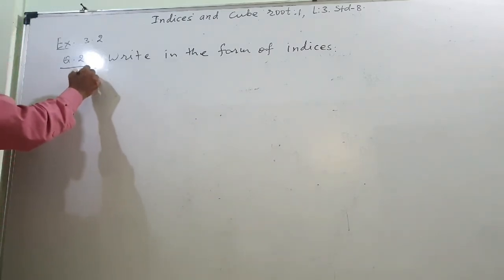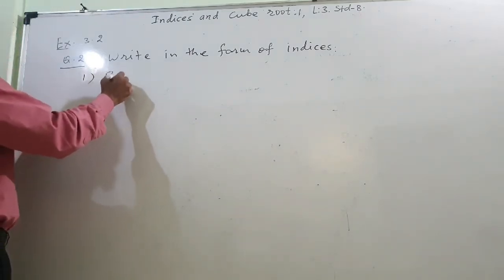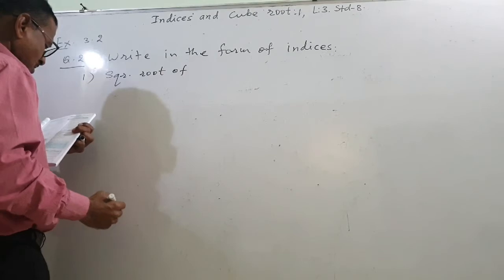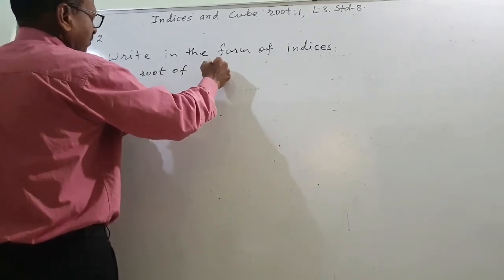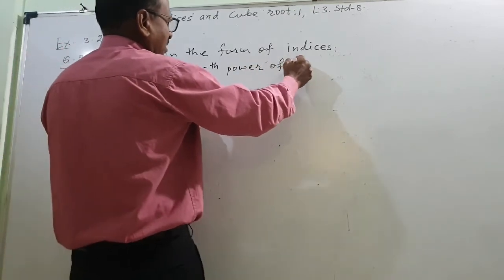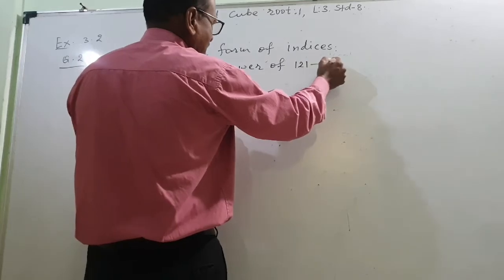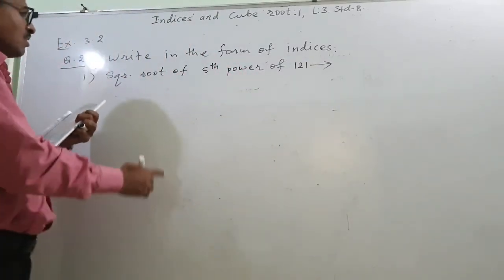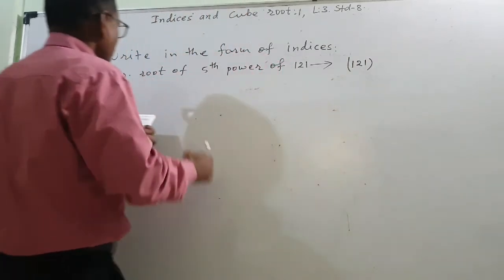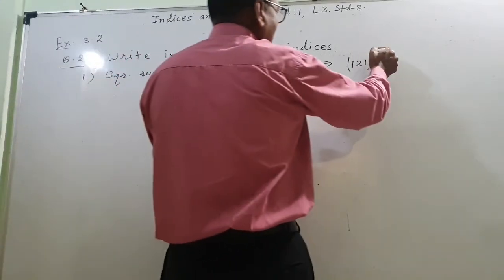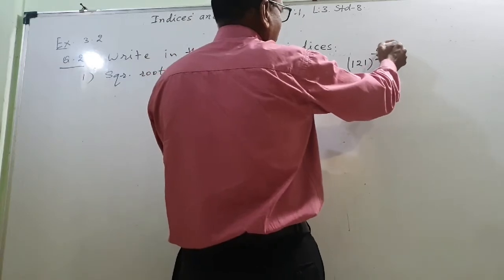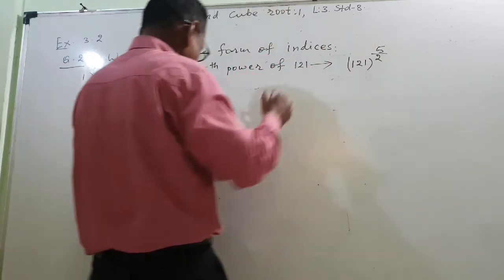In that, the question number 1, square root of fifth power of 121. Here itself I am going to write the answer. Whose? 121. So 121 I will put the bracket to it. What? Square root. Square root means upon 2. Which power? Fifth power. So 5 upon 2. Power is always written here and root is always in the upon.